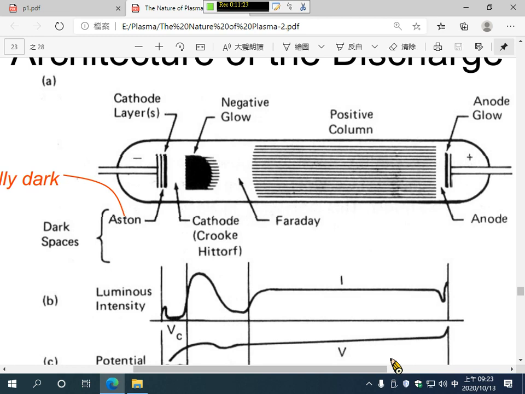The gas atom is ionized to a cation, or excited from the ground state to an excited state.